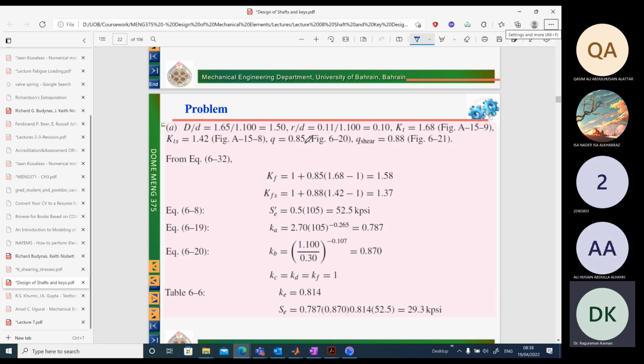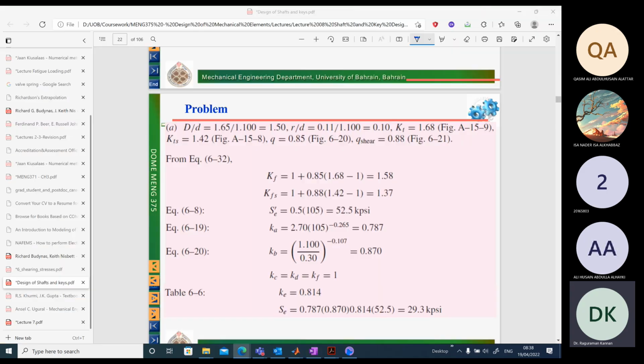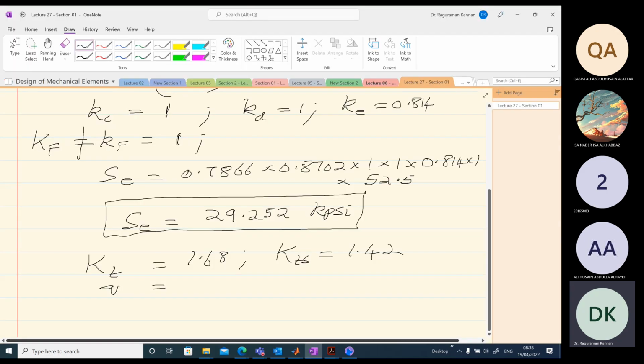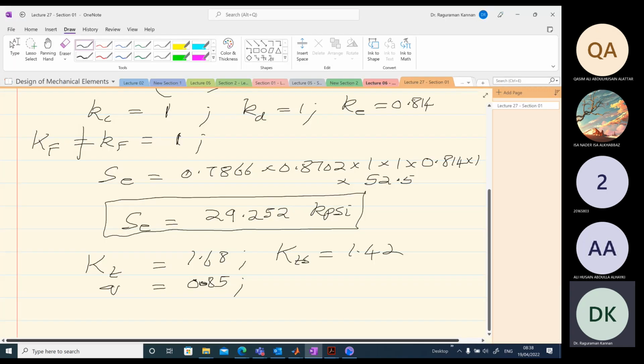Also, the notch sensitivity factors q and qs are to be obtained from graphs similar to Peterson's graph. You get your q value 0.85, and qs value is 0.88.